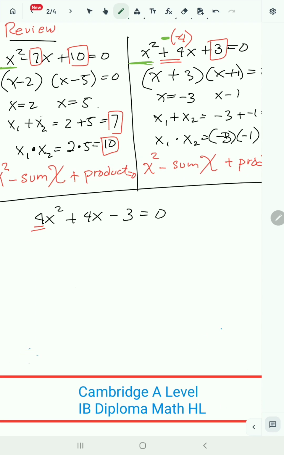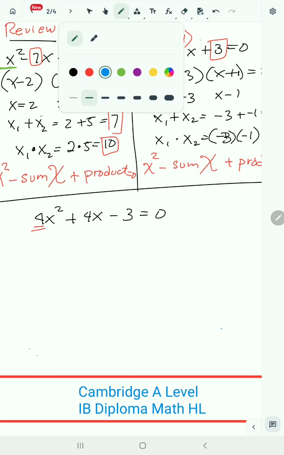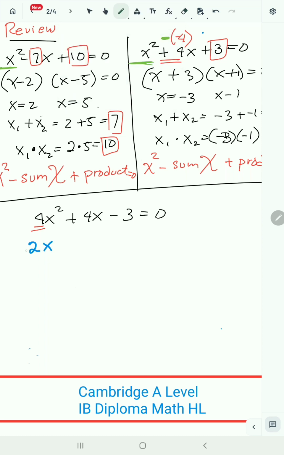When you factor it out, that will give you 2x minus 1 times 2x plus 3 equals 0. Is it right? Yeah, that is correct. It will give you the roots x equals 1/2 and x equals negative 3 over 2.